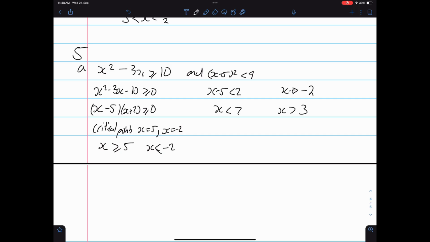And now we need to judge the intersection. It may help to do a number line.